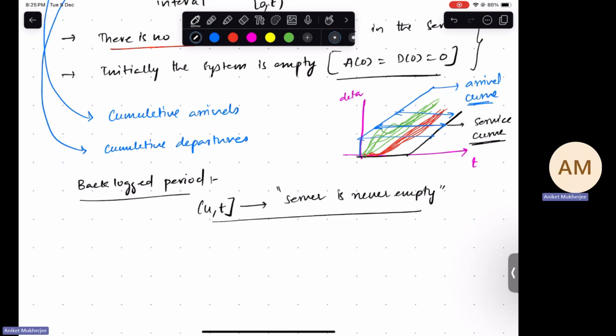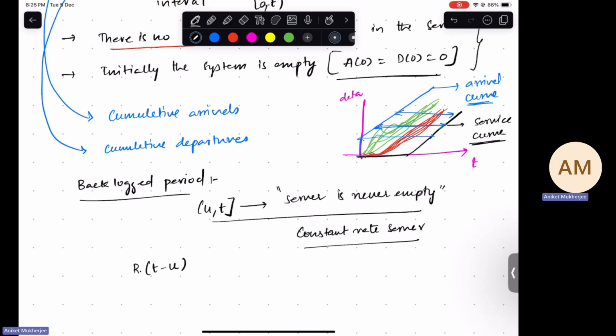So suppose we assume that we have a constant rate server and the server is never empty. Then the total number of bits that come out of the system is r into t minus u, because you're serving at a rate r and the interval is between u and t.